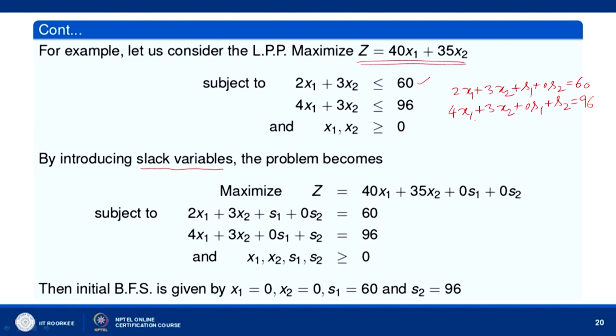The objective function will be z equal to 40 x1 plus 35 x2 plus 0 S1 plus 0 S2, since the coefficients of slack variables in the objective function are taken as zeros.